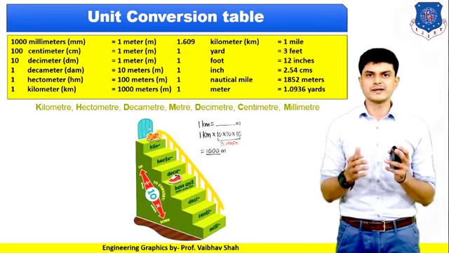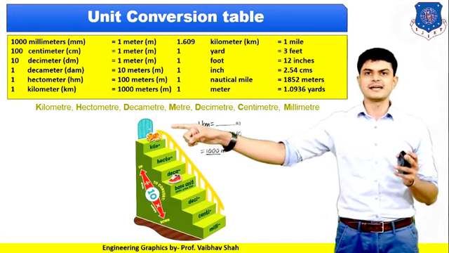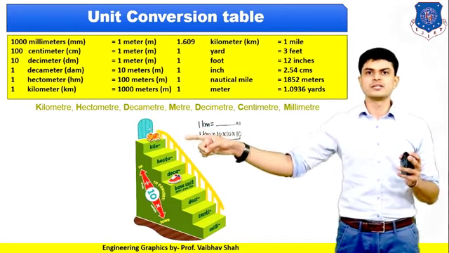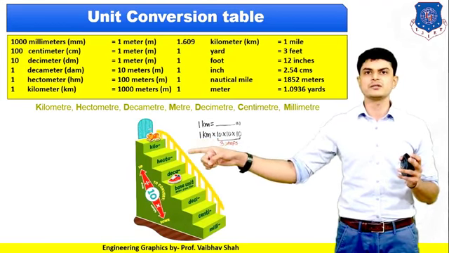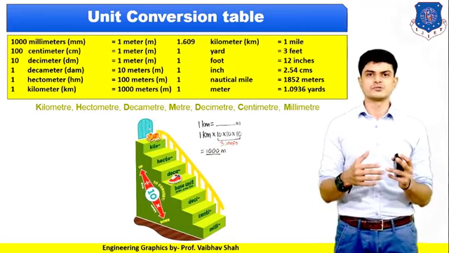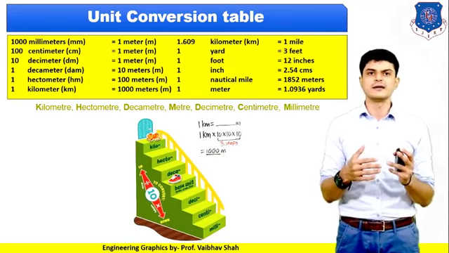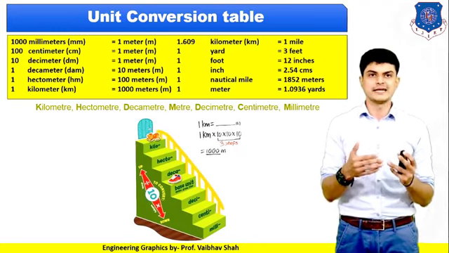Now, as you can see, there is one cat here. It needs to descend from the kilo unit till this meter unit. So it needs to descend 3 steps, 1, 2 and 3, and on the third step it is coming to the meter unit. So for that we need to multiply by 10, and we need to multiply by 10 three times. Why?